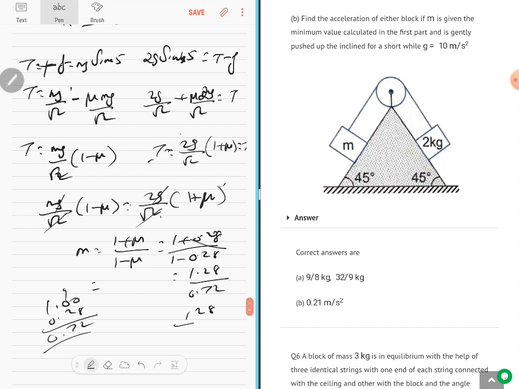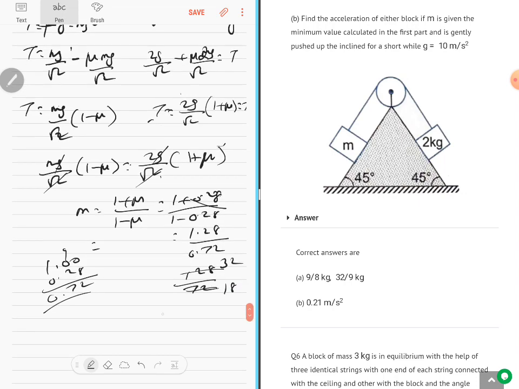So 128 by 72. When I cancel it with 4 tables, 4 3s are 12, 4 2s are 8, 4 1s are 4, 8 4s are 32. So 32 by 8, but it's 32 by 9.